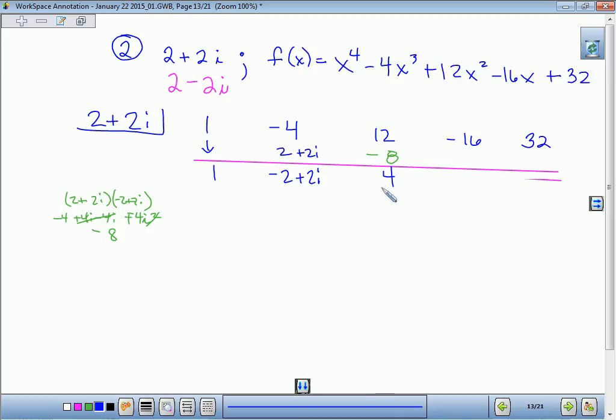And now we're going to multiply. So this one's a little easier. We get 8 plus 8i. And so now we're going to add. And when we add, we get negative 8 plus 8i.